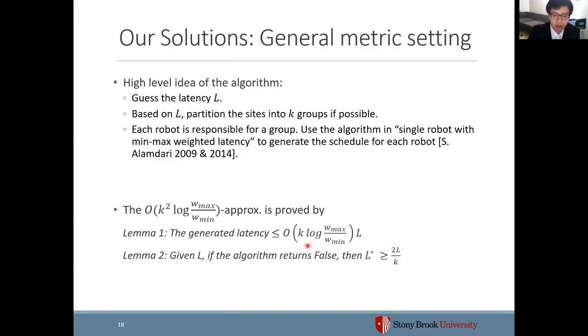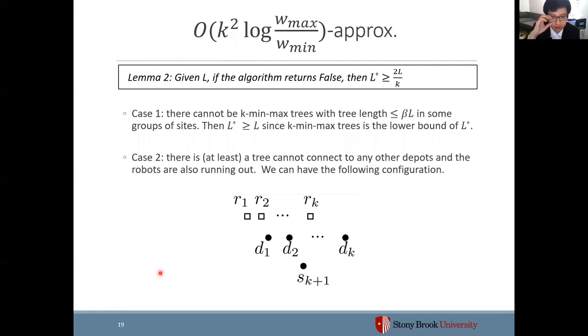And you have k robots, so this is simple, just multiply by k, and you will show that your general latency must be less than this value. The second lemma is a bit hard, so I will put more explanation on this one. Okay, so let's look at this lemma again. Given L, if the algorithm returns false, then your L star must be larger than this value.